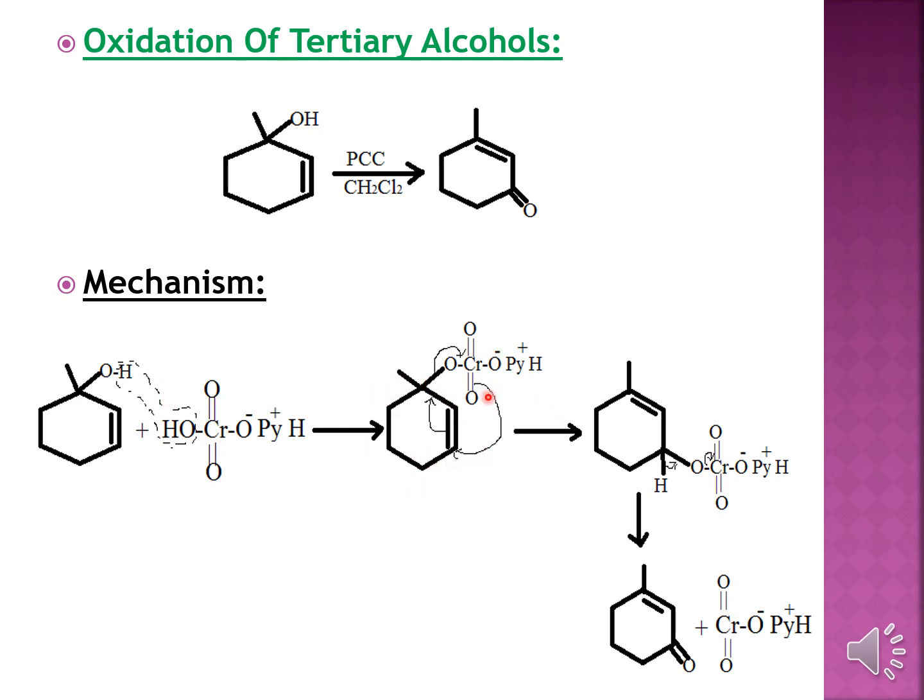Then a rearrangement reaction takes place, this group shifts over here, the attack takes place, this bond shifts, and there is a cleavage of this bond, resulting in this adduct formation.